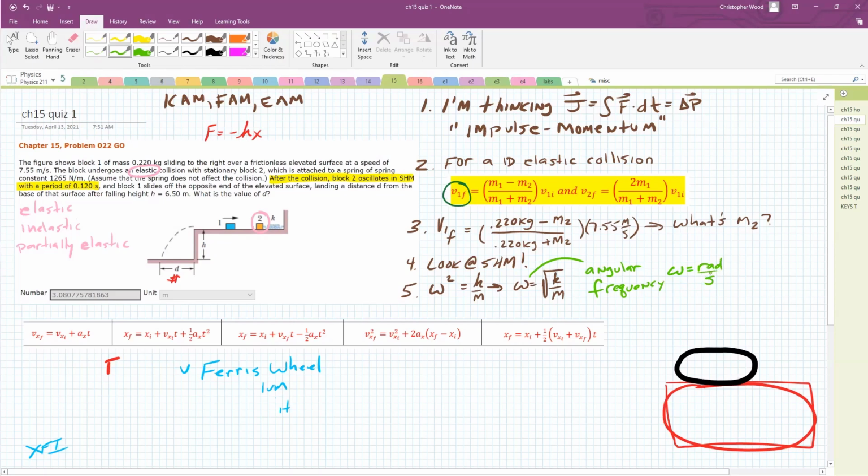Anytime you have something per second, this can be referred to as a frequency. A frequency is something per second.